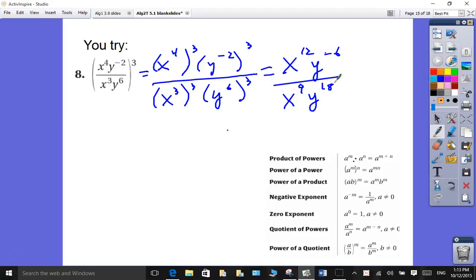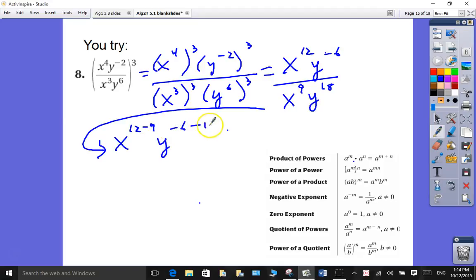Okay, then I'm going to use the same properties, right? What is x to the 12th over x to the 9th? That would be x to the 12 minus 9. And y to the negative 6 minus 18. So that's x to the 3rd, y to the negative 24. But we don't keep negative exponents, so I flip it.